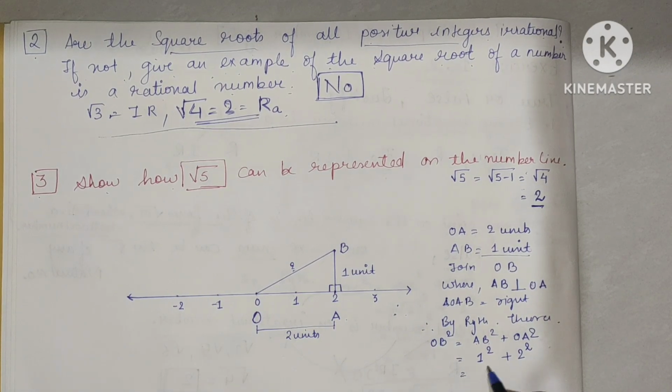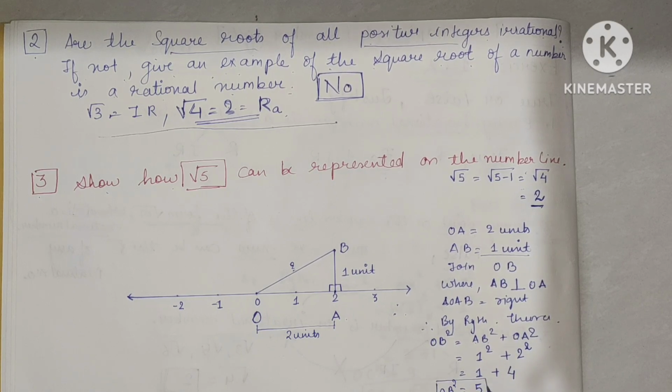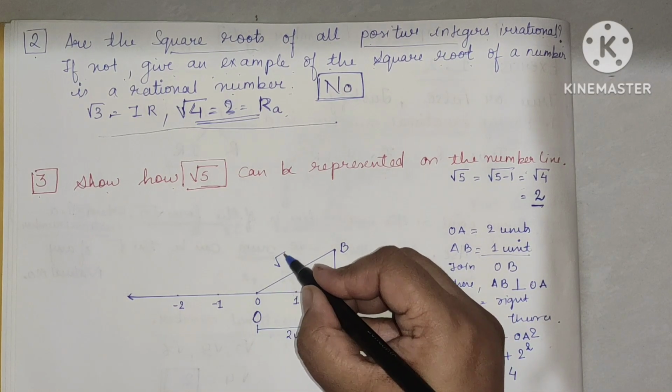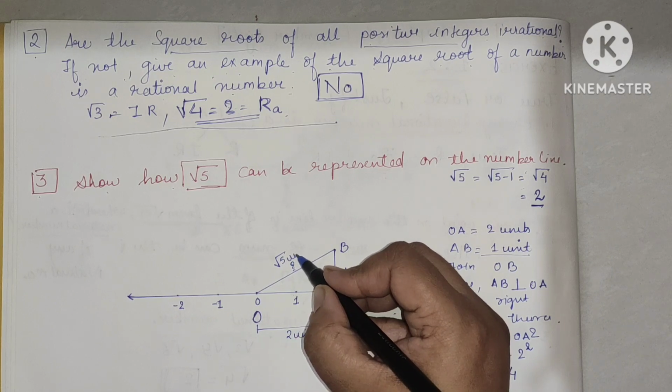What will be the answer? 1 plus 2 square means 2 times 2, it will be 4. What will be the answer over here? 5. So OB square is 5. What will be OB? OB will be square root of 5. So this distance is square root of 5 units.